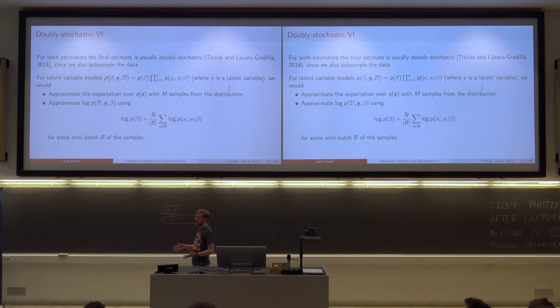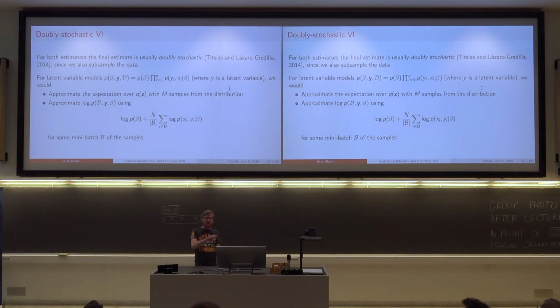So what we do in practice, when we talk about doing variational inference for a concrete model, we need to compute the gradient, and we do it kind of doubly stochastically. It's a fancy term, meaning that if you have this kind of a latent variable model, where you have some global parameters theta, then you have some observations x_i, and some latent variables y_i related to those.